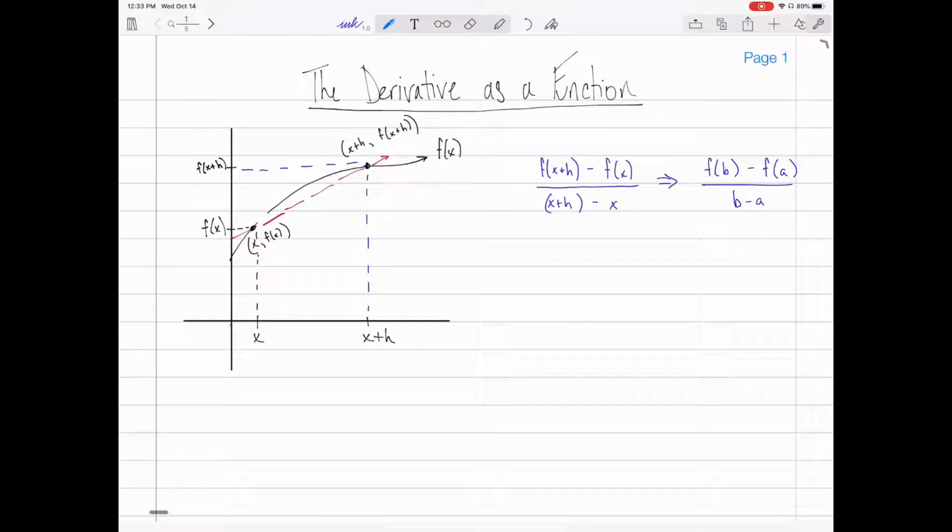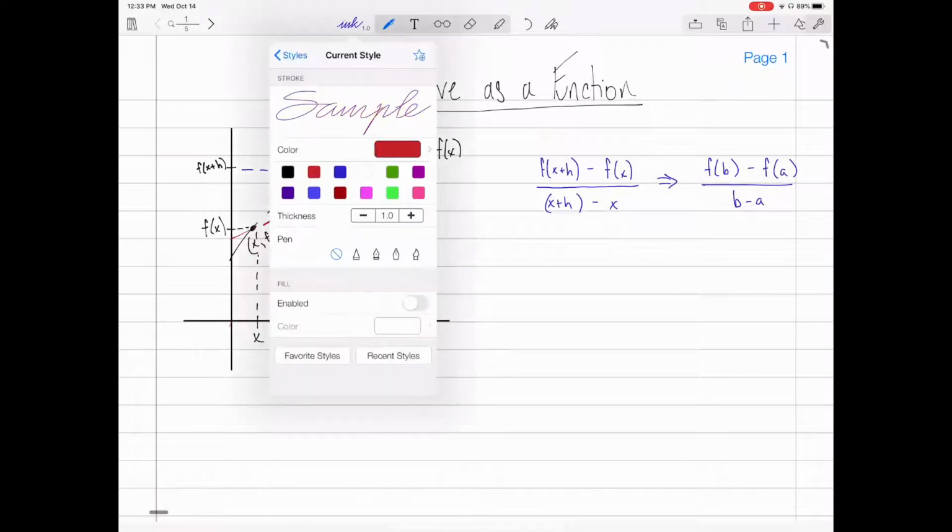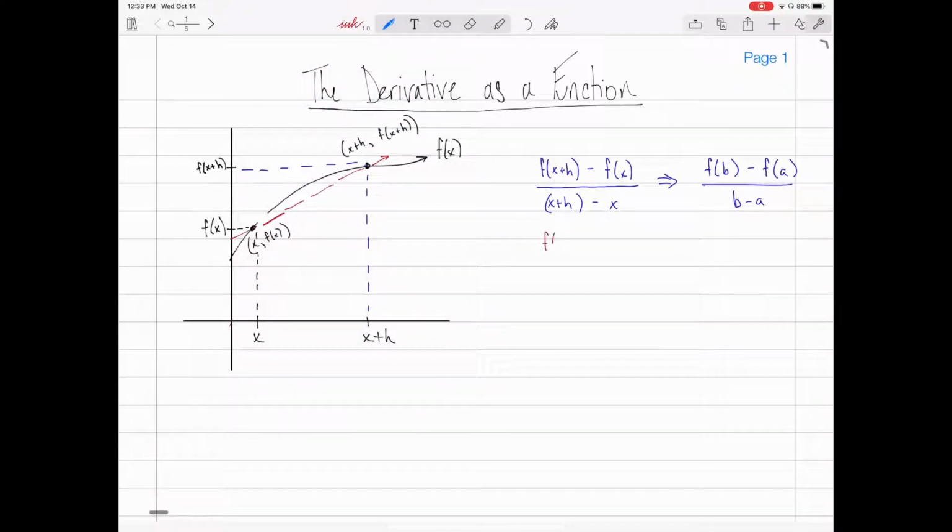So if you look at what we wrote here, this is really just a slope formula, but we have x plus h to represent the distance between x and x plus h. If I simplify this a little bit and rewrite it, I would have f of x plus h minus f of x divided by h, because those x's would cancel out.